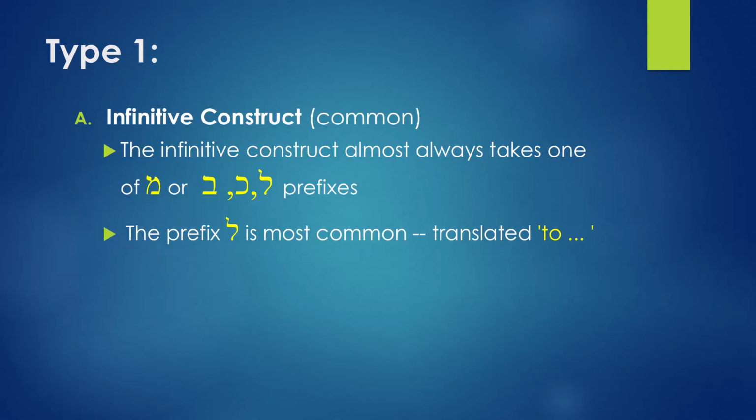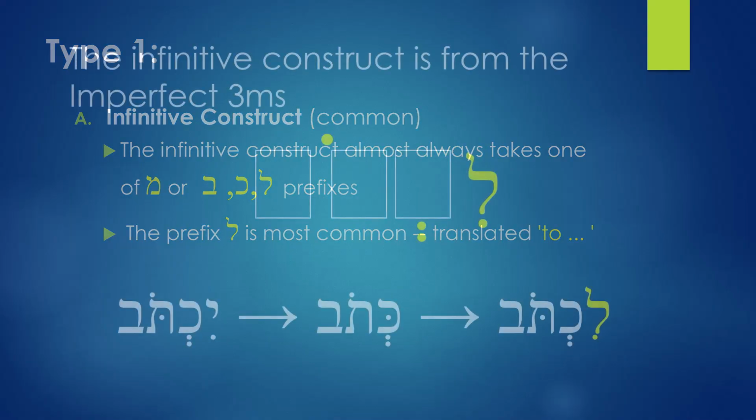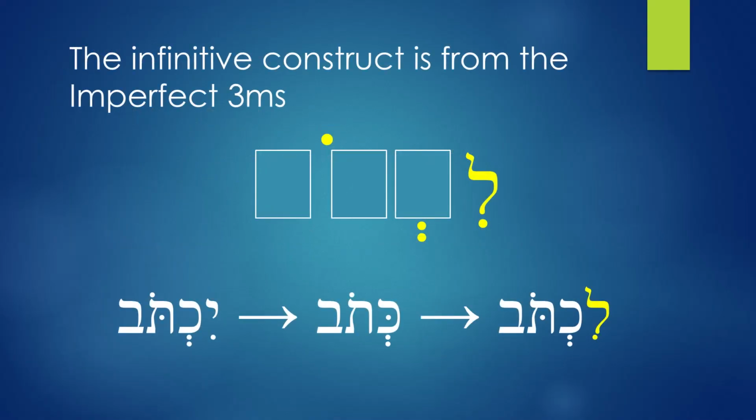Now let's look at how the infinitive construct is formed. The infinitive construct is formed from the imperfect tense, third masculine singular. When you're forming the infinitive construct, you add the preposition le, and between the second and third consonant, you add holem. Now let me show you where this is coming from.